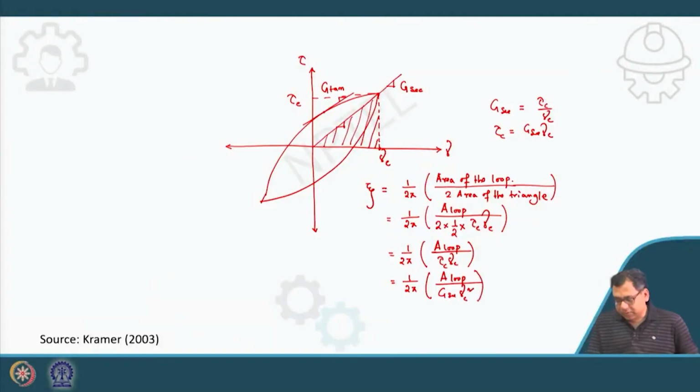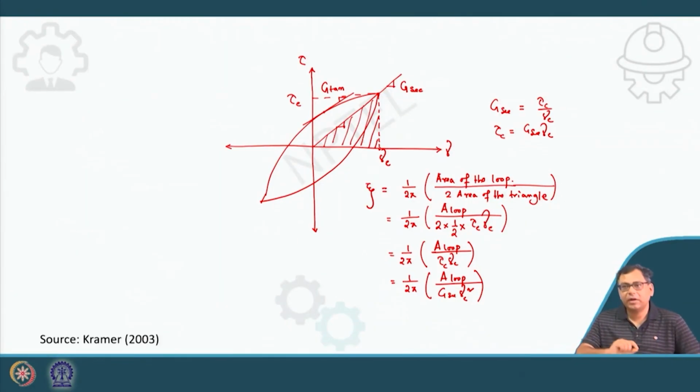So, this way we can also correlate the damping ratio with the secant modulus for a particular strain. This will be the damping ratio corresponding to this strain C, and then you can determine the secant modulus.